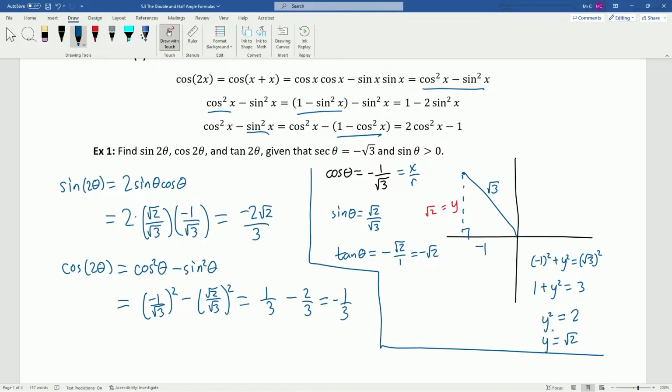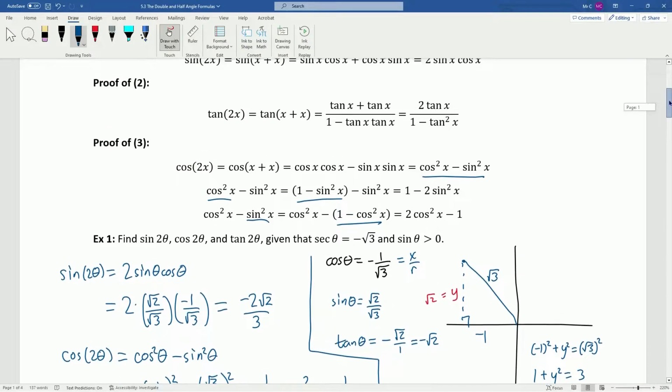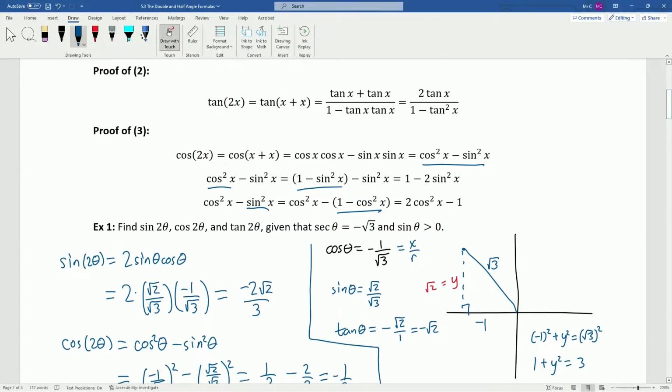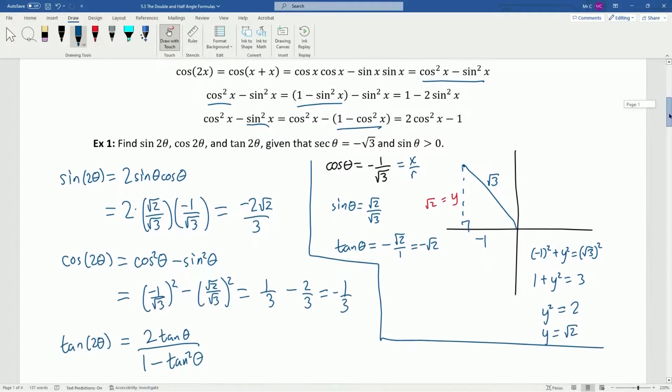Okay, now we can move on to tangent of 2 theta. And tangent of 2 theta was 2 tangent of theta over 1 minus tangent squared of theta. Again, all we're doing here is replacing x in our formula with theta.